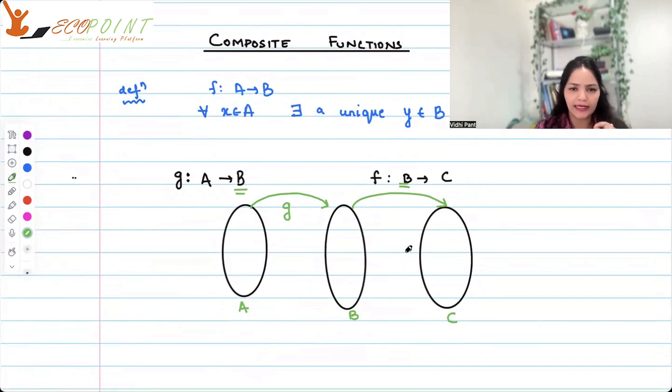Which means there has to be a way in which I can move directly from A to C, because I have a common link in between. And this scenario is the scenario for composition.